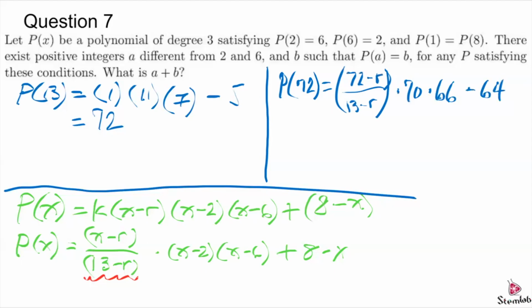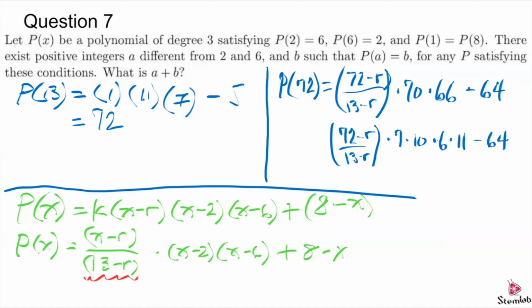Okay. So if this is equal to 13, we can solve for R. So let's rewrite this as 72 minus R over 13 minus R, times 7 times 10 times 6 times 11, minus 64.